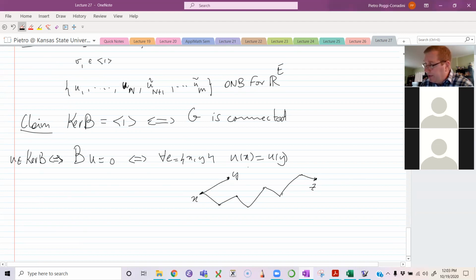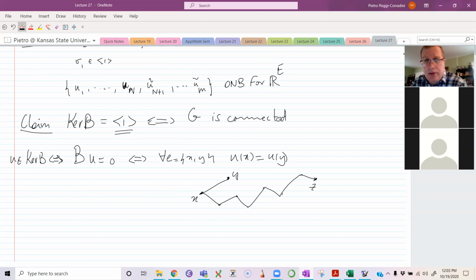So if G is connected, then this function U is going to be constant. So it's going to be in here. Right? And that makes sense?